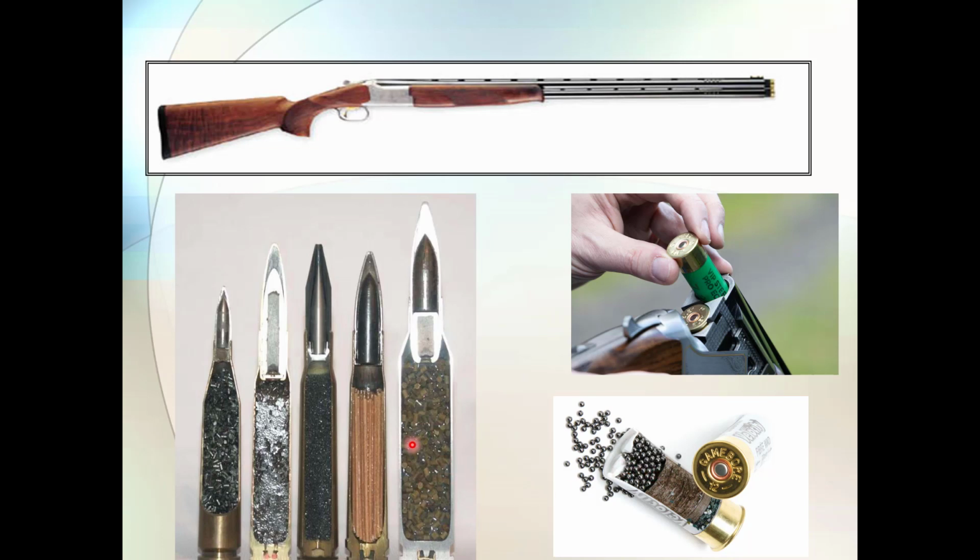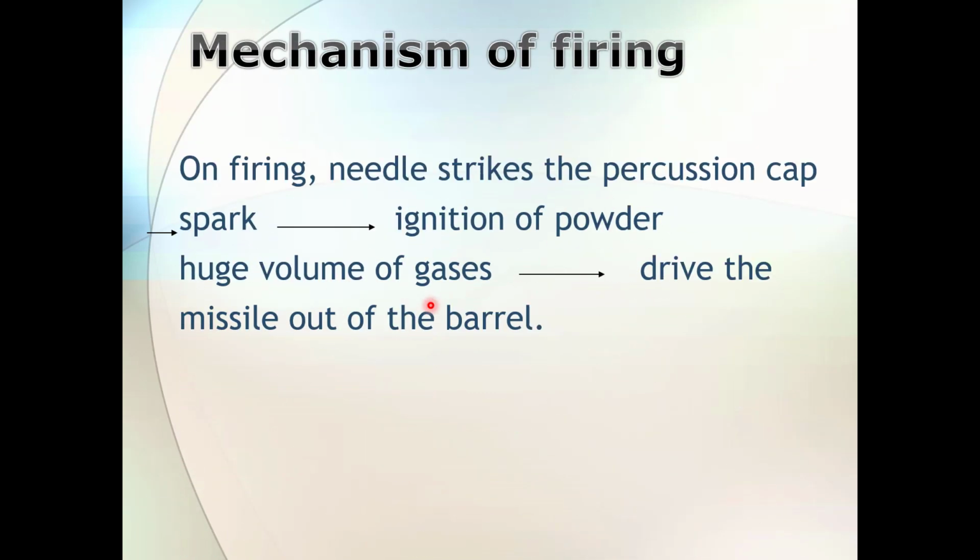Here the ignited powder produces the huge volume of gases which push the jacketed bullet. The mechanism of firing: on firing, the needle hits the percussion cap, initiates the spark, ignites the powder, and produces the huge volume of gases which push the projectile.